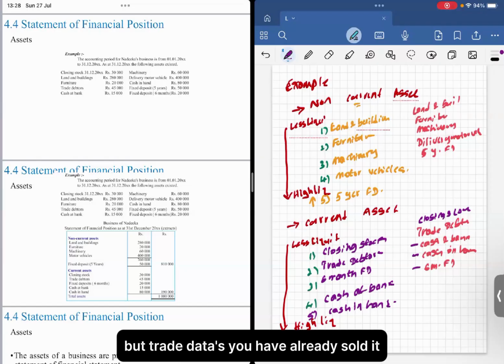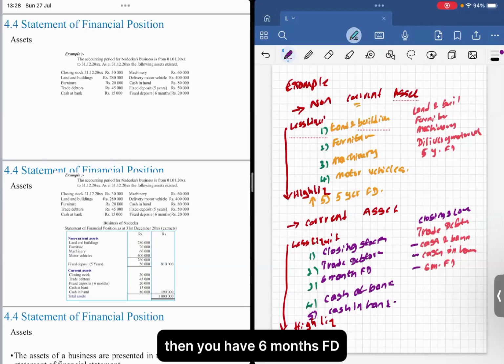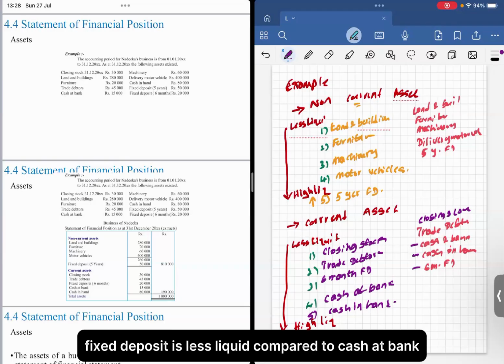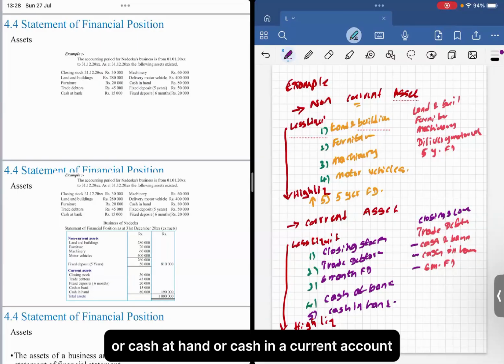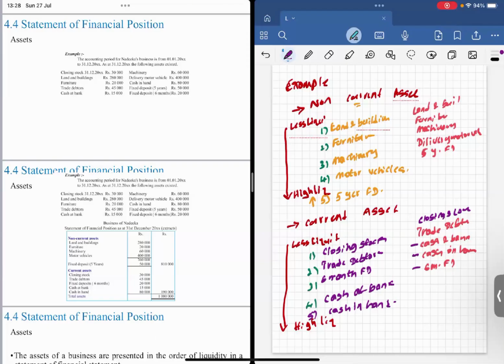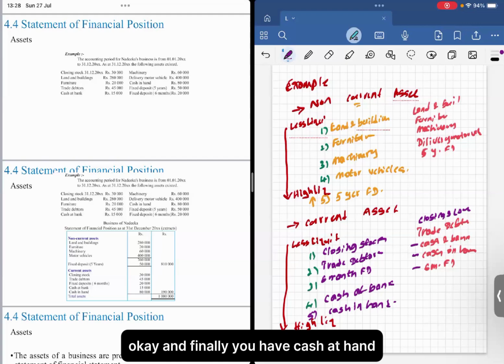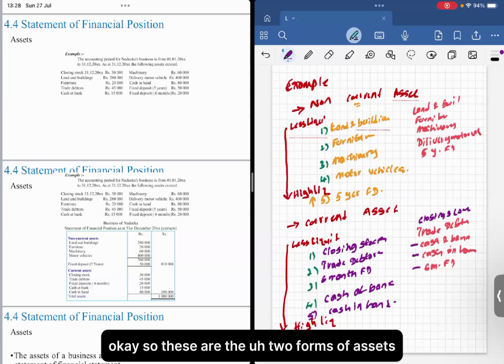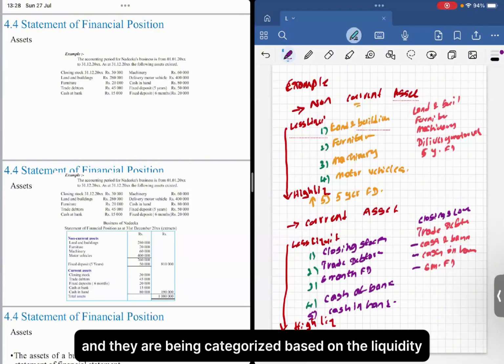But trade debtors, you have already sold it, you just have to convert it into cash. Then you have 6 month FD, which is less liquid compared to cash at bank or cash in hand because you have to keep it for 6 months. Then cash at bank, and finally cash in hand, which is the most liquid. So these are the two forms of assets, non-current and current assets, categorized based on liquidity.